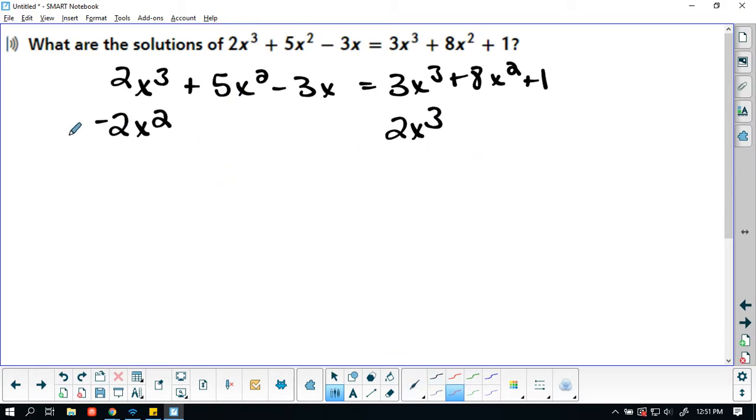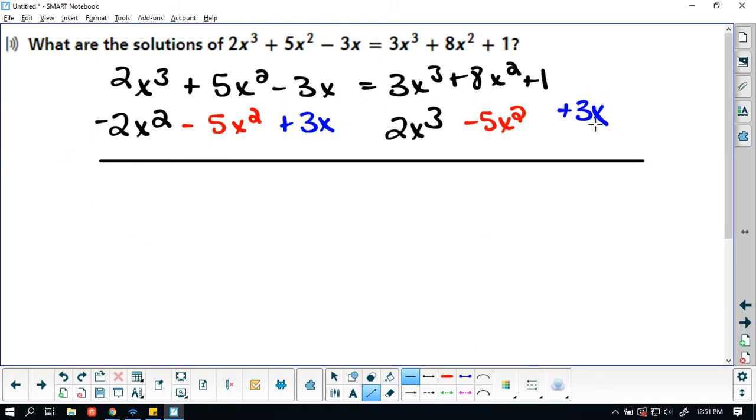Then on the same line, just so I can reduce paper waste, I'm going to keep following suit. I'm just going to subtract that 5x squared. And then I'm going to add 3x. Now on the right-hand side, I don't have a 3x to combine it with, so I'm just going to move it out to the side. And as I add down, I'm going to put this in standard form.